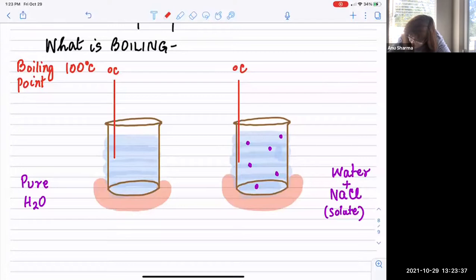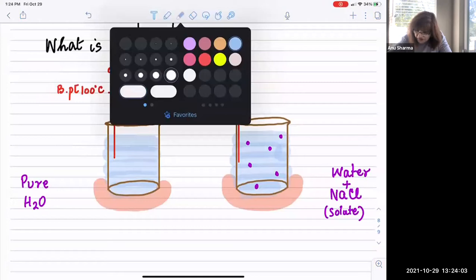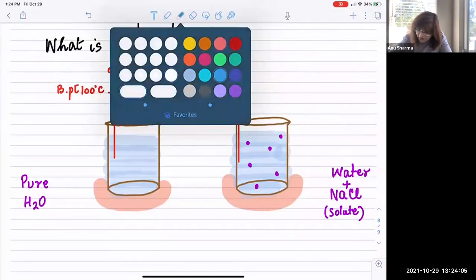And here the boiling point is more than 100 degrees Celsius. How much more depends upon how much of the solute is there.